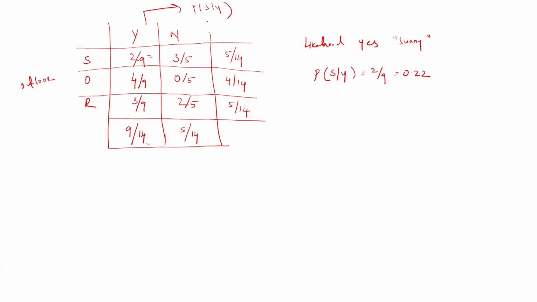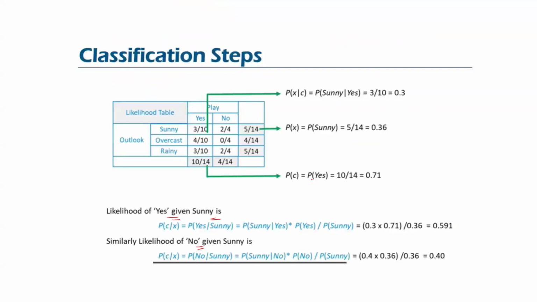Next one is, what is the probability of sunny? Probability of sunny is given by this one. If you calculate 5 by 14, you are going to get 0.36. Then the probability of yes. Now probability of yes is given by 9 by 14, which is equal to 0.64.